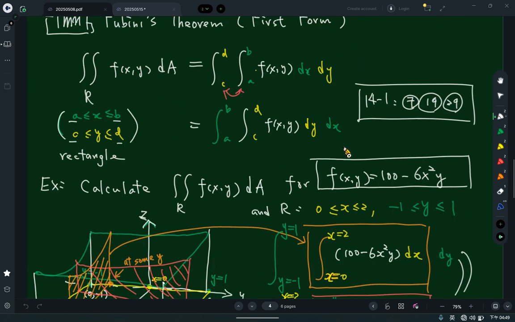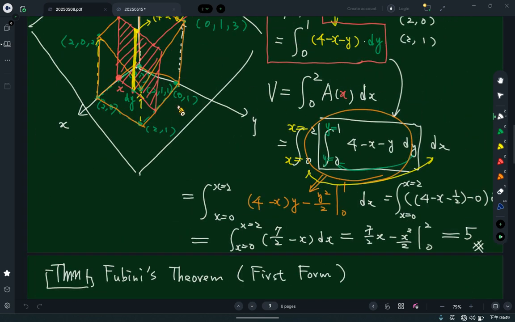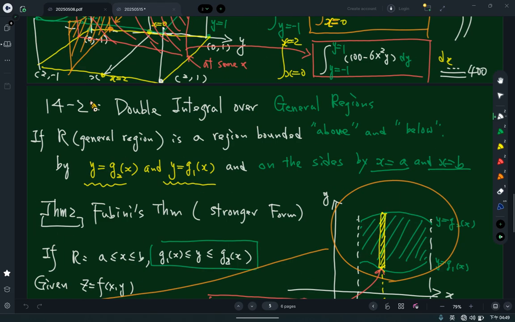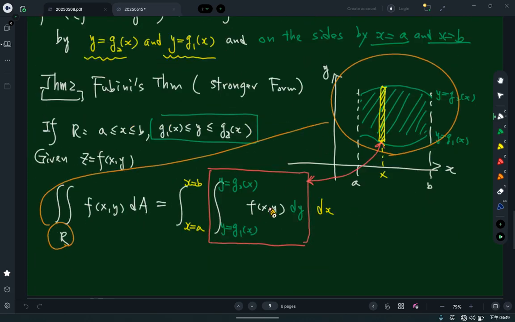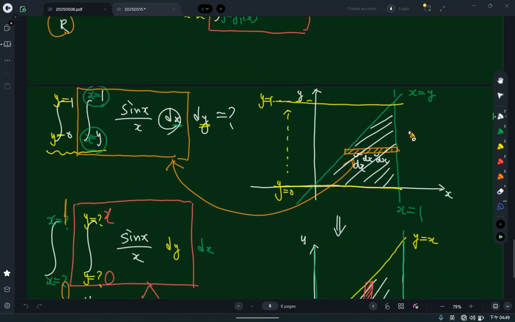Region R means this one, or this one, or this one. Okay, so region R means you just focus on this region to calculate integration for this function.